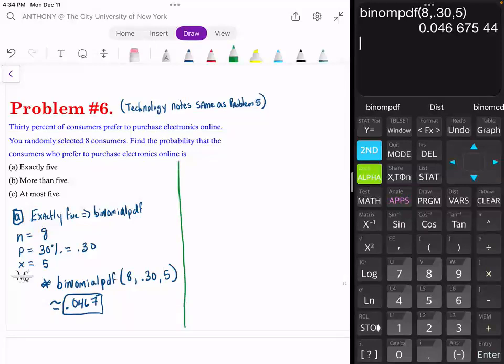Now, if you do this again for part B, we might get a different result. It says more than 5. So let's do our labeling. For more than, would I need to do a binomial PDF or CDF?